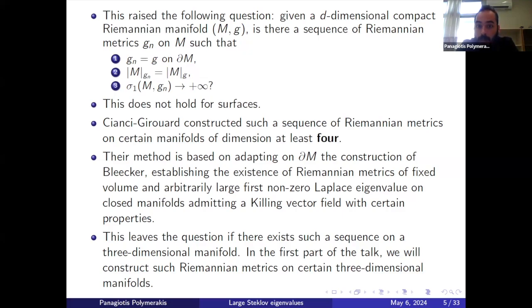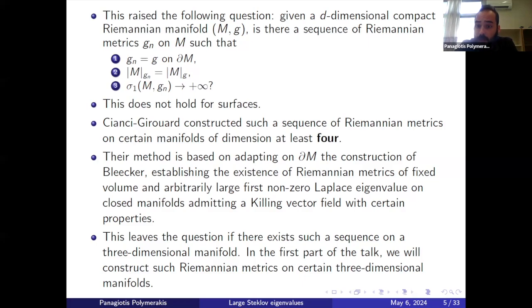The method is based on adapting an old method about closed Riemannian manifolds involving the first non-zero Laplace eigenvalue, and they adapt this method on the boundary of the manifold in question. So the boundary has to be of dimension at least 3, thus the whole manifold of dimension at least 4. So this question is widely open for 3-dimensional manifolds.